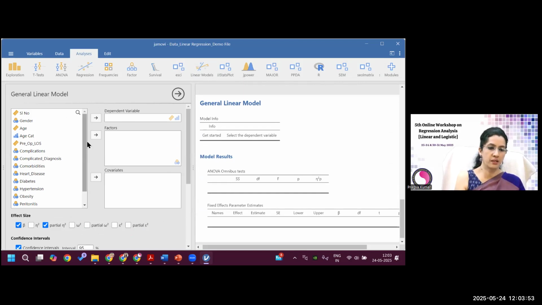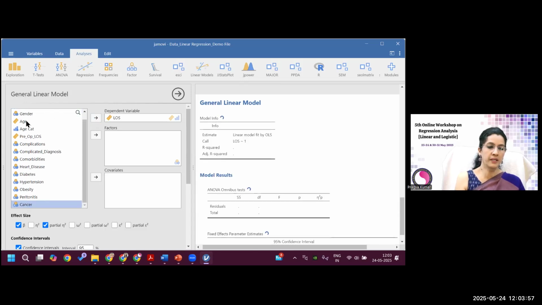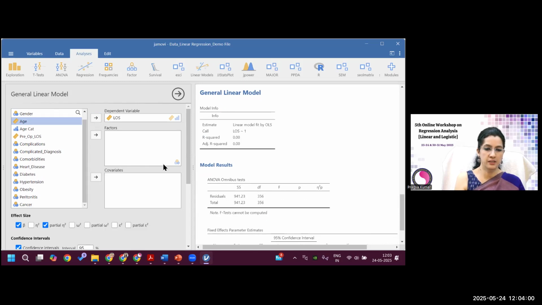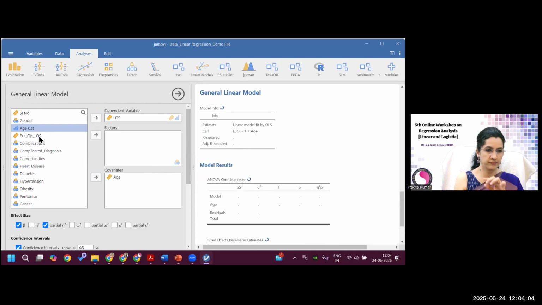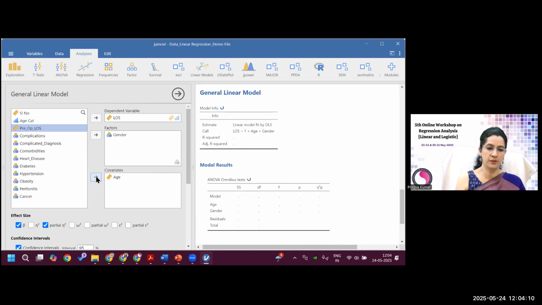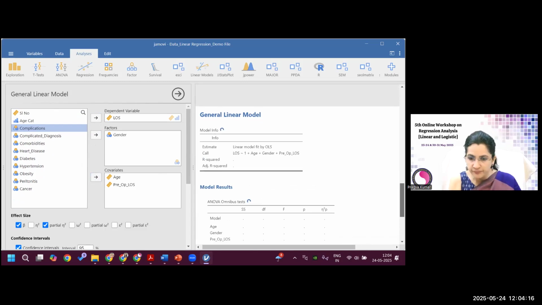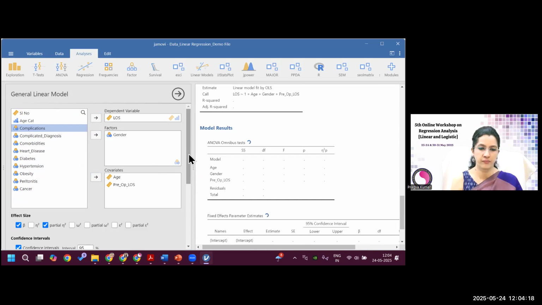So this LOS you move to dependent variable, age as a covariate, and let's say gender you have moved as a factor, pre-op LOS as a covariate. I'm only taking 3 right now.